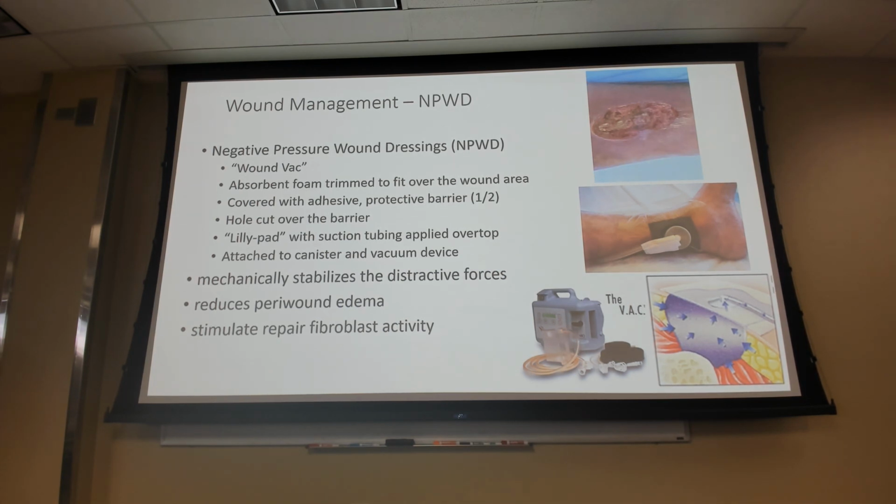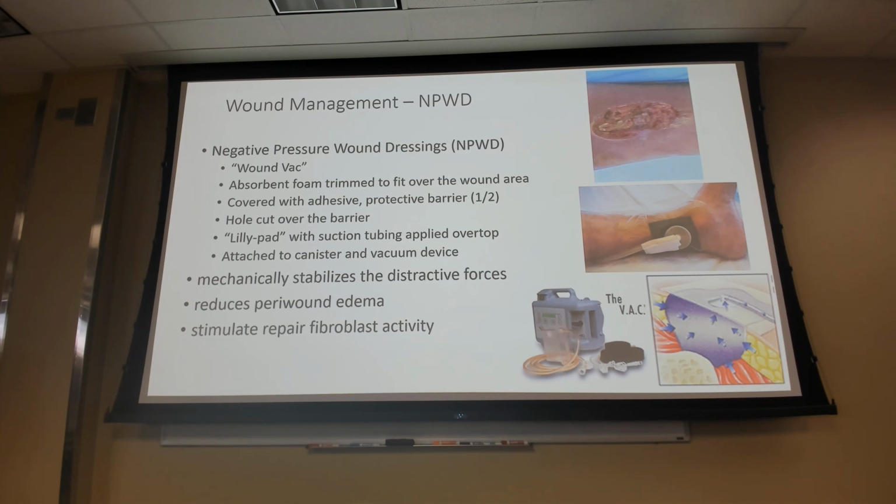So it's usually some sort of absorbent foam, and then you have an occlusive dressing over it so we can create a negative pressure. And then it helps bring up all of the serous fluid and all of the debris that's going to be draining from that wound while it's healing. And then it does help with that peri-wound edema, which can be pretty significant.